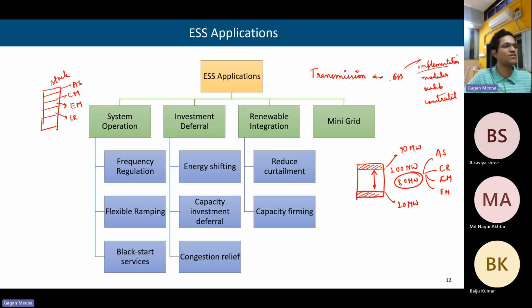And for that, we need to solve that optimization problem. It depends, because finally the operator wants to make profit. So what should be the optimal split of this 80 megawatt among these four services so that the operator earns a profit?